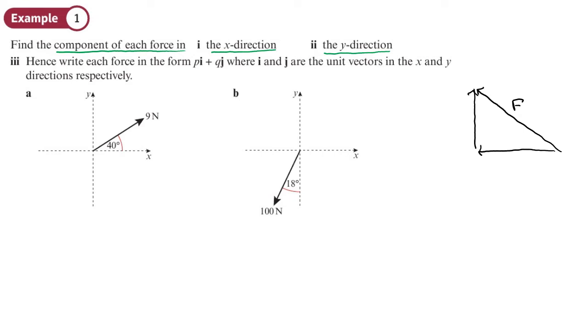It's basically like a right angle triangle, and this angle is theta. This will be F cos theta in length, and this will be F sine theta in length. So we're going to be using a lot of that. So I'm actually going to draw on the diagram the two bits that I want to find. So all we're doing is we're treating a force like a vector.